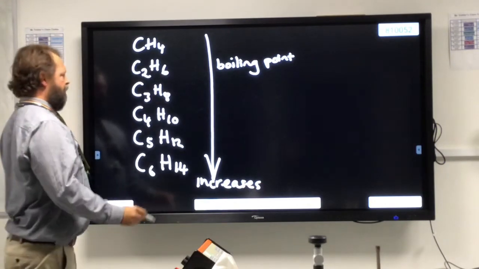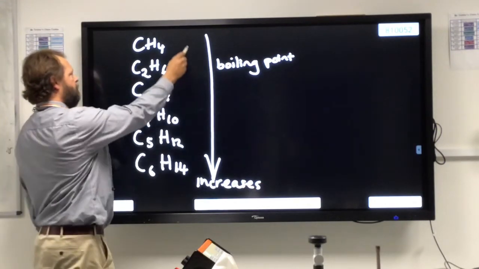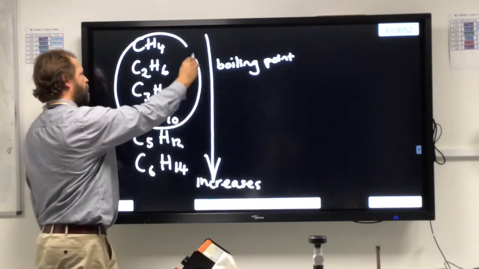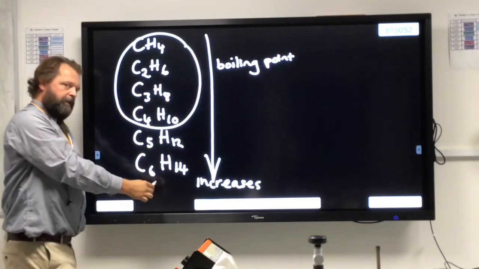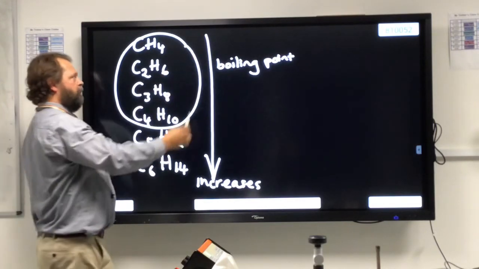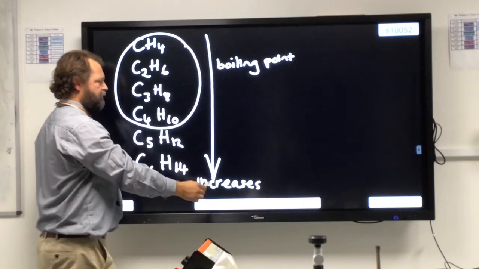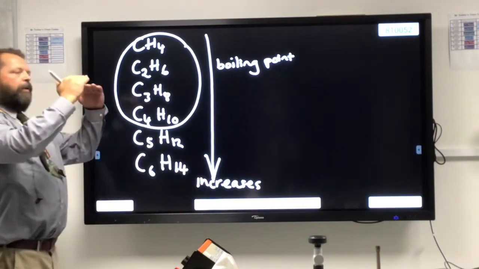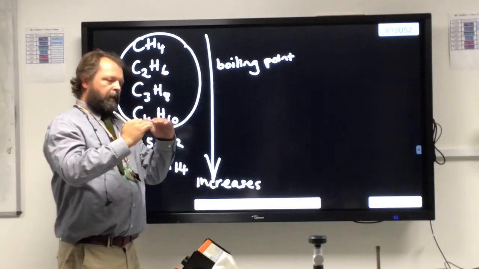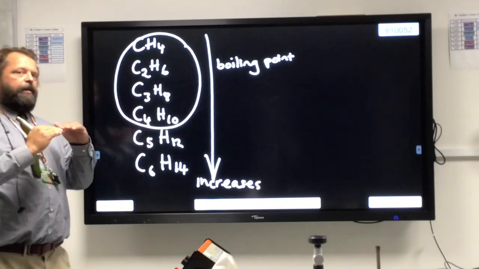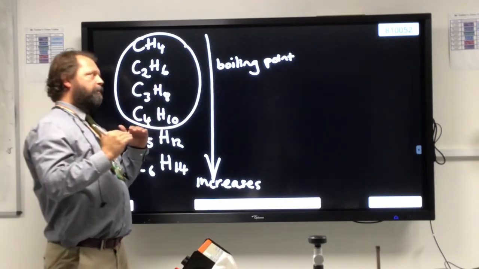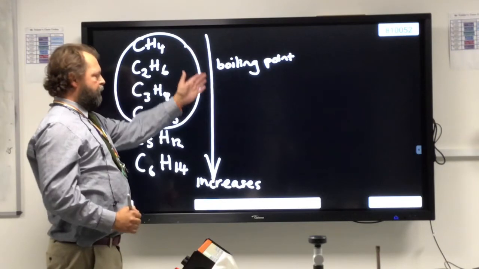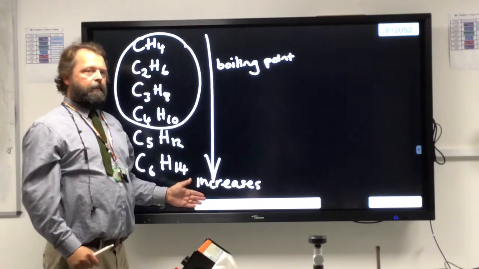So we might have gases and then start to move into liquids, because as the boiling point increases, once the boiling point is above room temperature, things will be a liquid at room temperature. So the boiling point increases in this way.